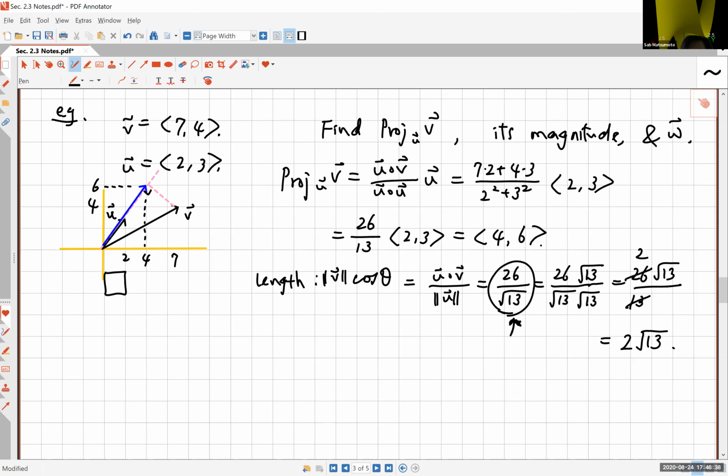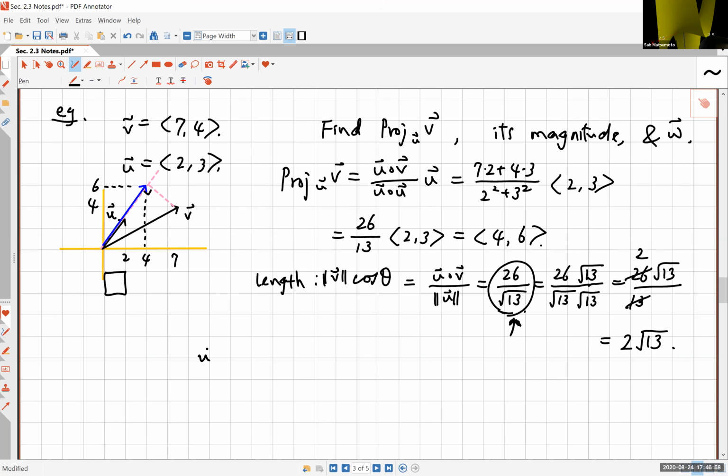This is really important in the old days when you didn't have a calculator and you wanted to find an approximation for this number, right? Because how do you divide by the square root of 13? It's a lot easier if you rationalize the denominator. But in our days, when you have calculators, it doesn't really matter.